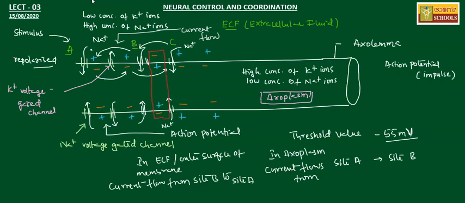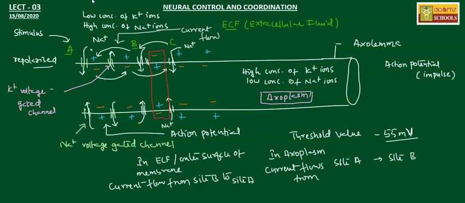So this will be continued, and that will get transmitted to the next neuron. That's a different part, how this information that is generated in this neuron will get transmitted to the next neuron. It may be through electrical or chemical synapses that we will see in coming sessions.